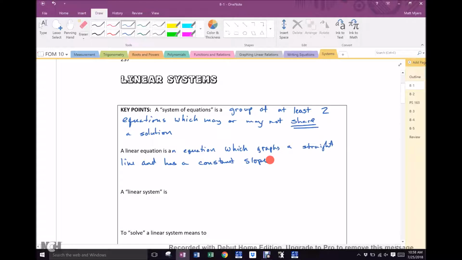So, if a system of equations is a group of at least two equations that may or may not share a solution, lovely. And a linear equation is an equation which graphs a straight line and has a constant slope. What then is a linear system?